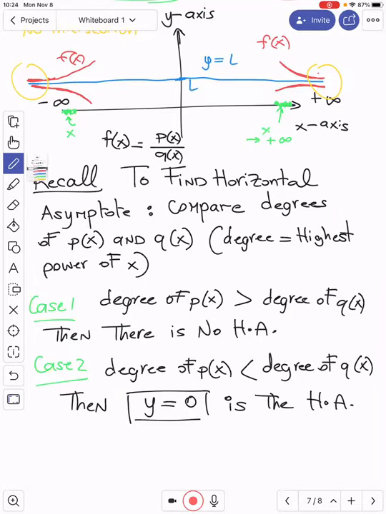Okay, and finally, the last case is when P and Q have the same degree. So the highest power of X in the top is the same as the highest power of X in the bottom.